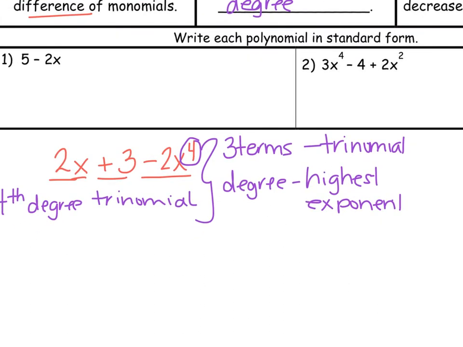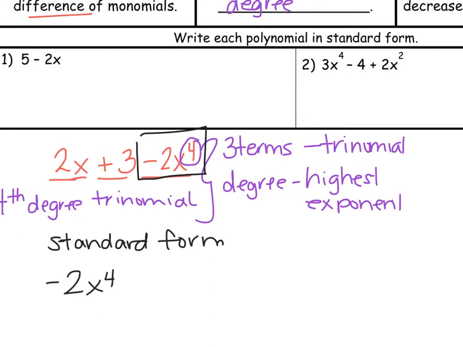So if we want to write this in standard form, that just means we start with the term that has the highest exponent, and that would be this one right here, which is negative 2x to the 4th. Then we go with the term that has the next highest exponent, which is this term right here, which is plus 2x.